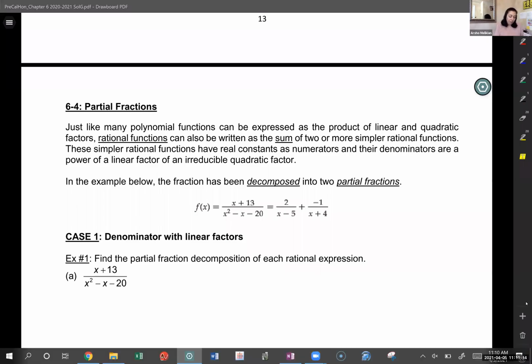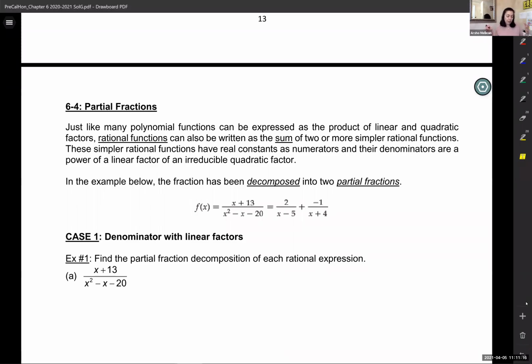So, all right, before we start 6.4, let's go back, right? Back in the day. Do you remember when you had functions like this, like x squared plus 5x plus 6? And when we factored this, right, we got x plus 3, x plus 2, right? When we factor, what is it really that we're doing?